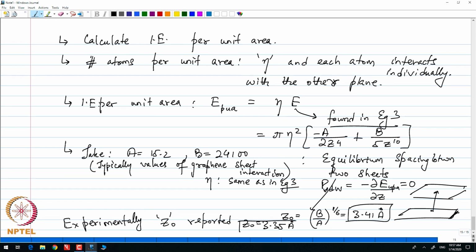Although close, it is quite a bit different than the values that we have found through our model.